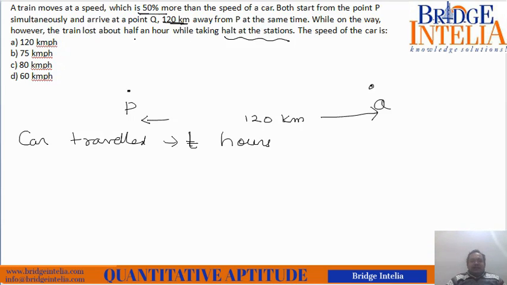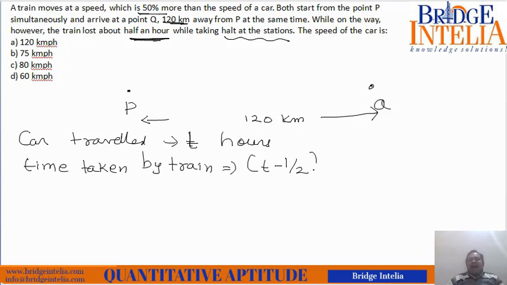If car traveled for T hours, for how many hours did the train travel? It is said the train lost about half an hour. So time taken by train would be equal to what? The train has taken half hour less. So T minus half. This is the time taken by train. The train is moving at a speed which is 50% more.